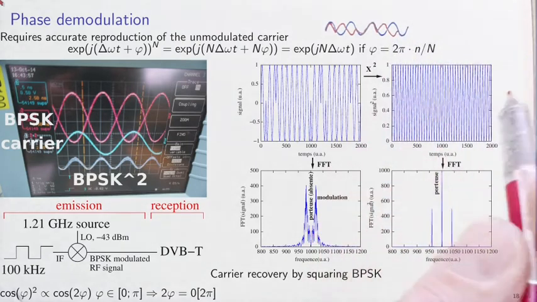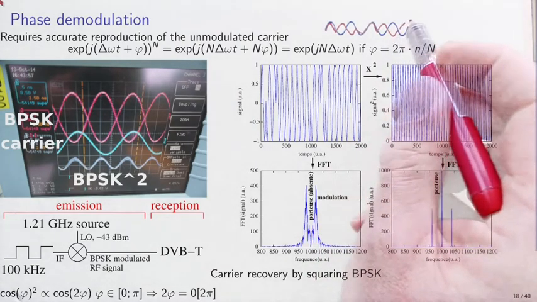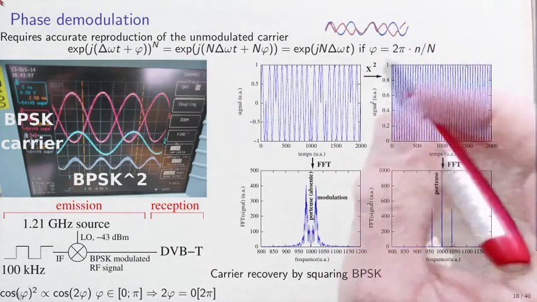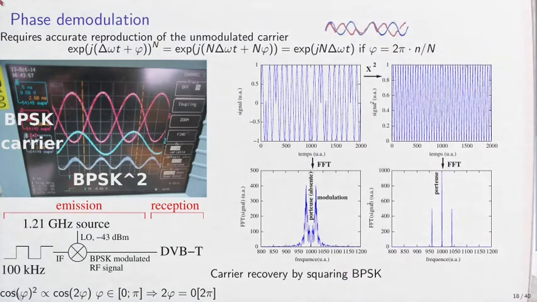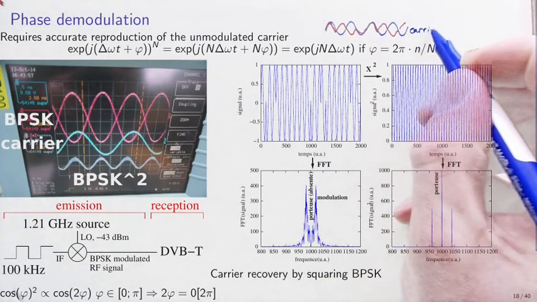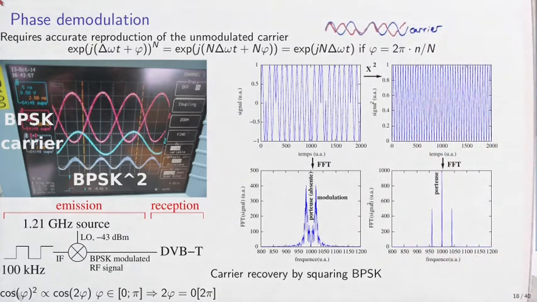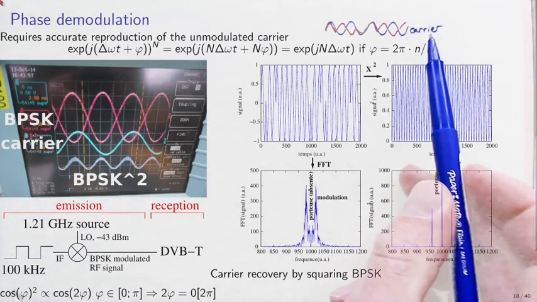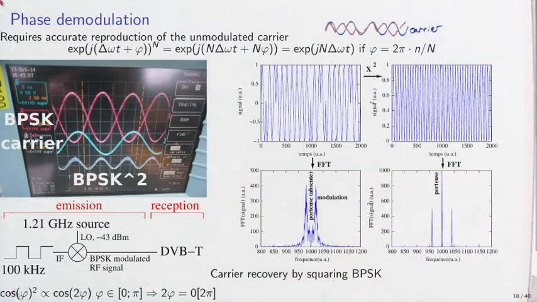In order to recover the phase value, we actually need to synthesize the original carrier that was transmitted. A phase locked loop, a PLL, will not be sufficient because there is a random offset in the set point of a phase locked loop output. So we need a trick to regenerate locally the carrier that was transmitted by the satellite so that we can extract the phase information.